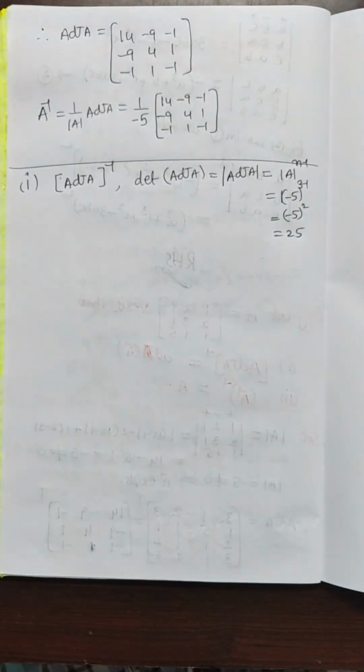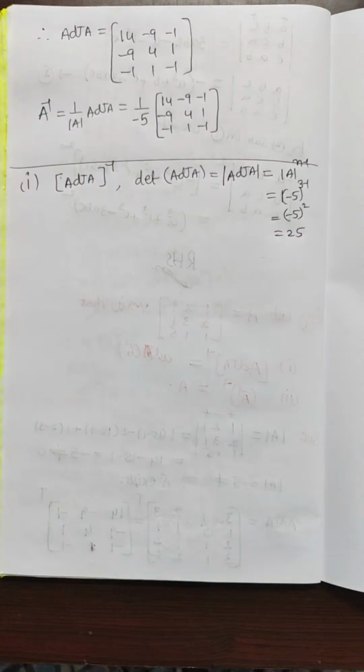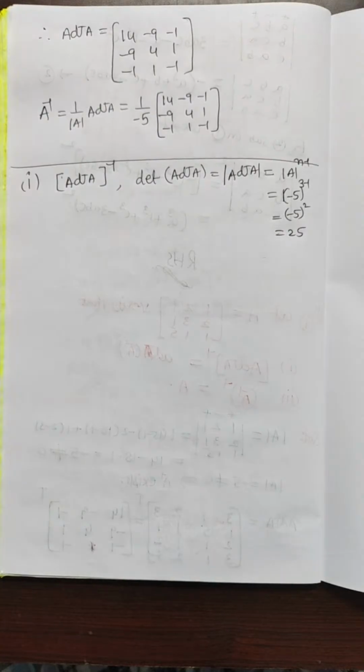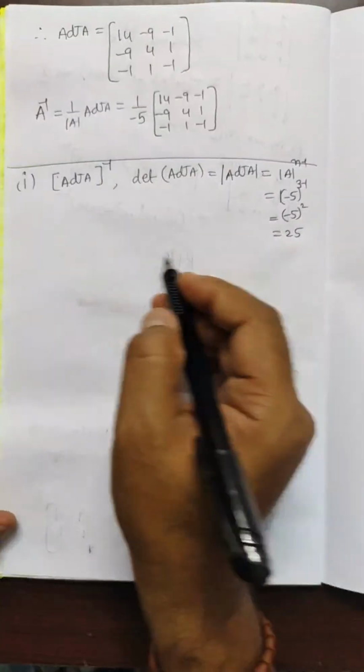Now for adjoint matrix, to get inverse, again we need to calculate the cofactors of the adjoint matrix.